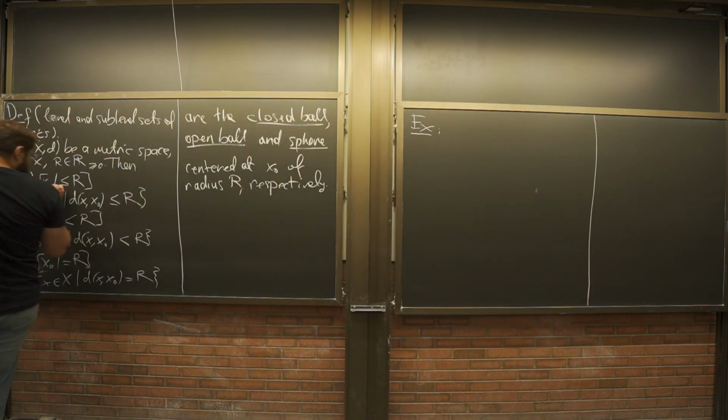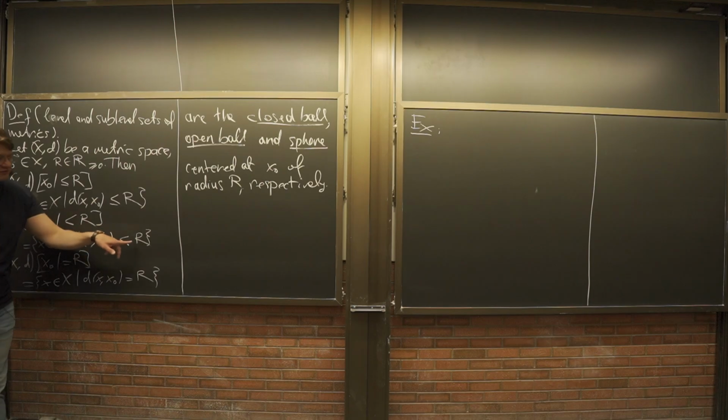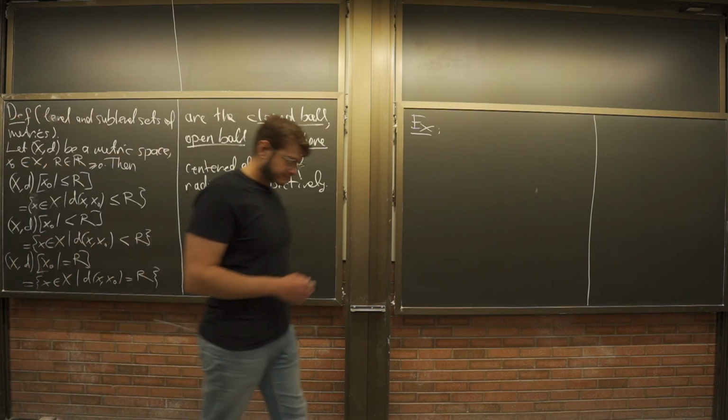If instead of having less than or equal to here, I have less than, same thing, right? So all those points whose distance from x0 is strictly less than r, that's called the open ball. And if the distance between x and x0 is exactly r, that is called the sphere.